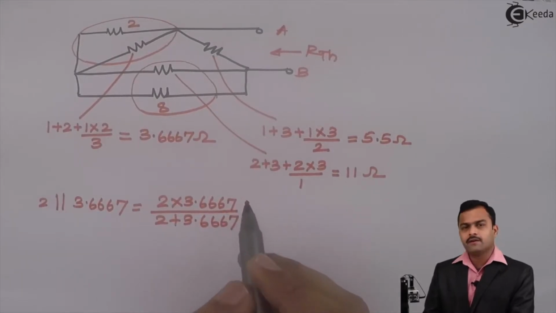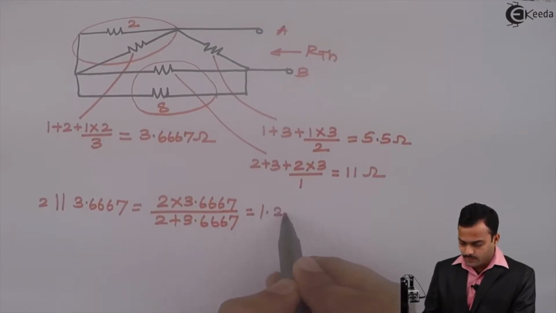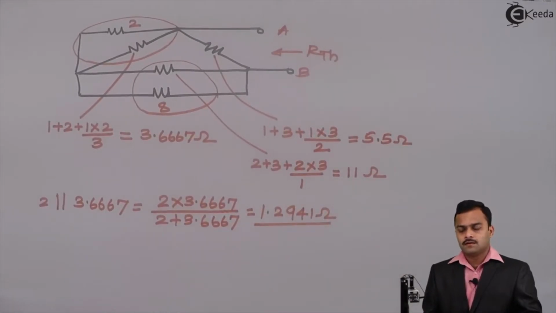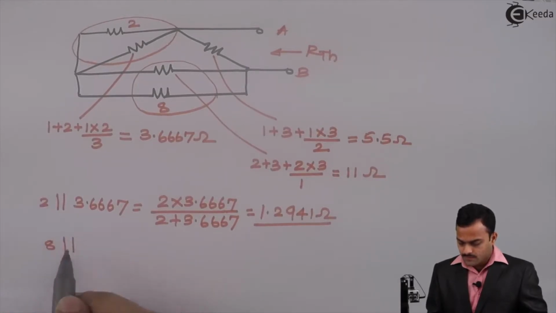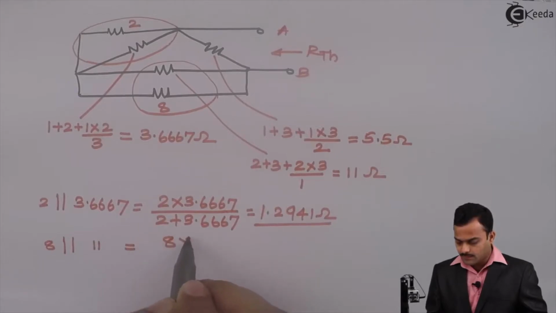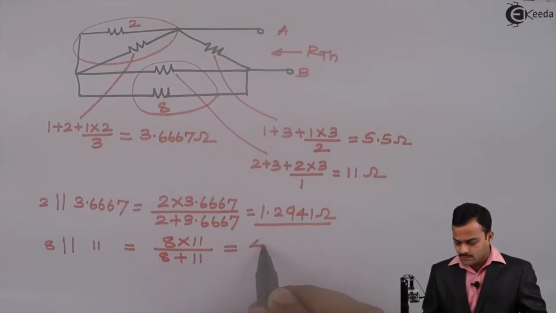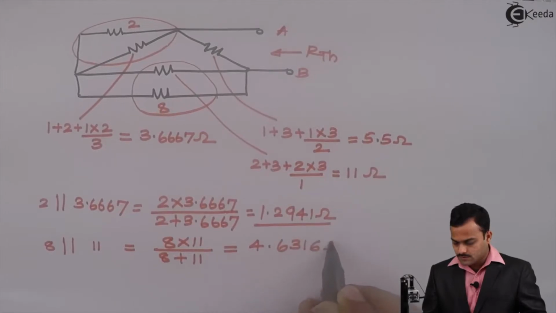After solving, I will get the equivalent as 1.2941 ohm. Now, if I have 8 ohm parallel with 11, I will get 8 multiplied by 11 divided by 8 plus 11, which is 4.6316 ohm.